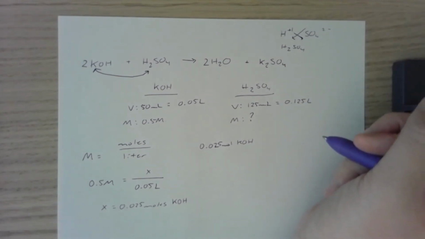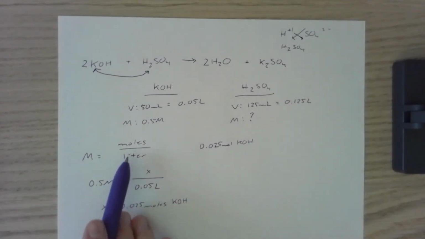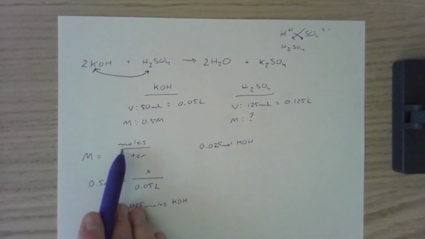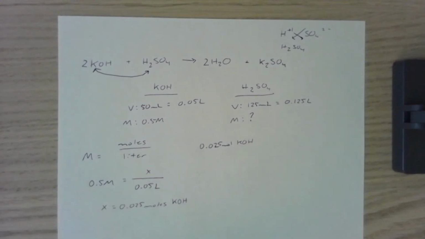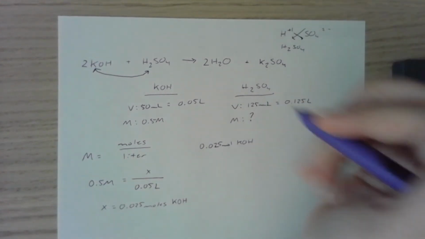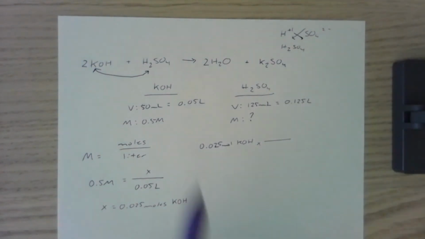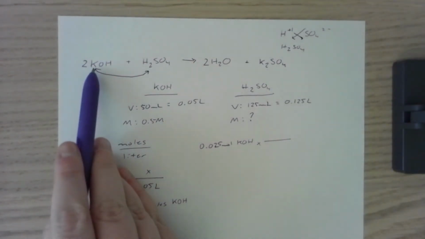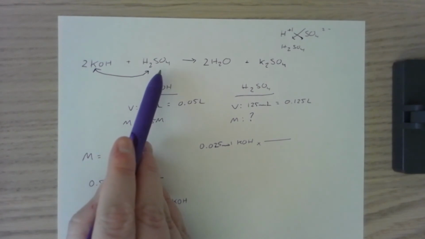And I'm going to moles because then I can plug it back into this to find my molarity. So do not take this to grams. I want to know moles. So there are 2 moles of KOH for every 1 mole of H2SO4.